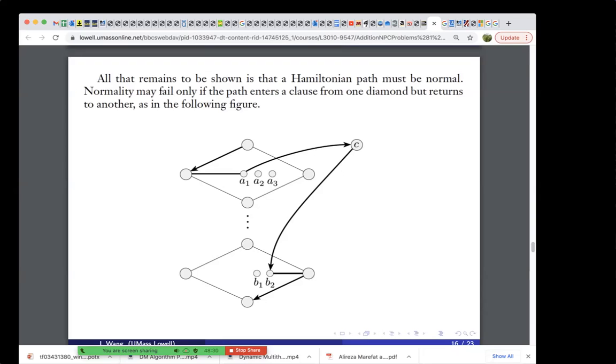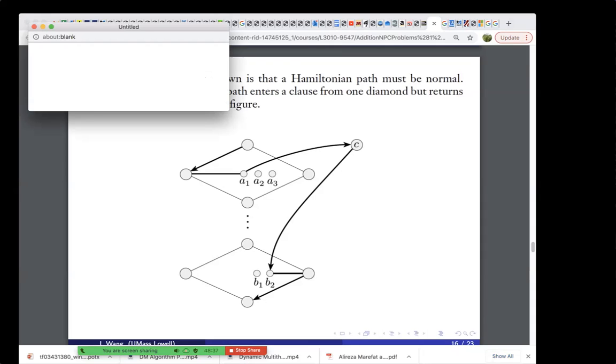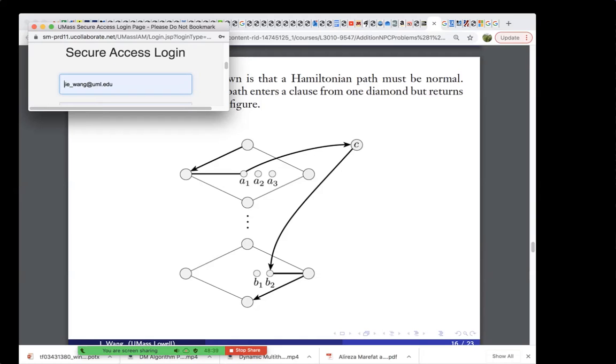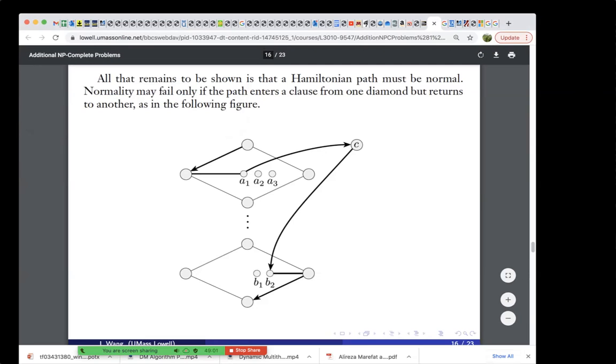Then this node will not be visited, because when you go here, you have no way to go to this A2, because to go to A2, you will either go from A1 to A2, but A1 is already going there. So it can only come from A3, but here you don't really have a way to go to A3.